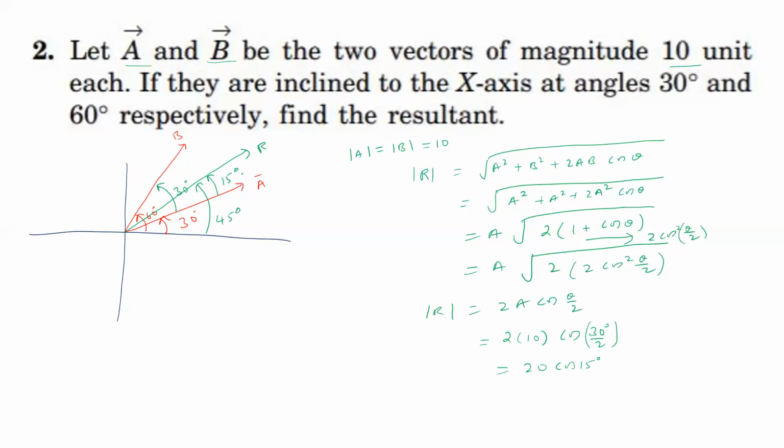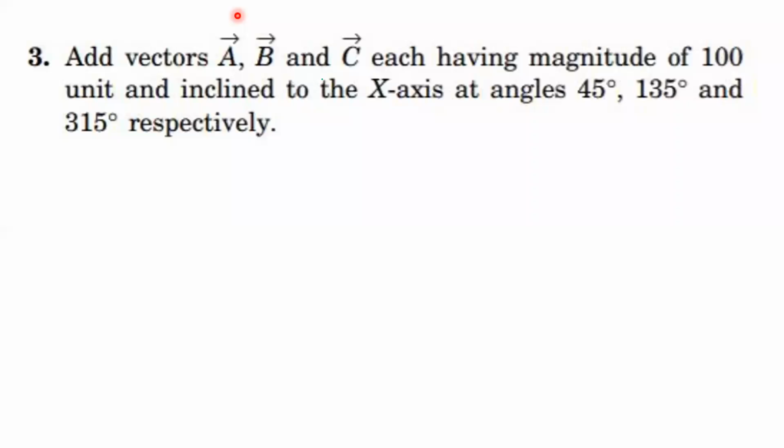That means the resultant vector has magnitude 20 cos 15 degree and makes angle 45 degree with the x-axis. So this is the answer for this second question.